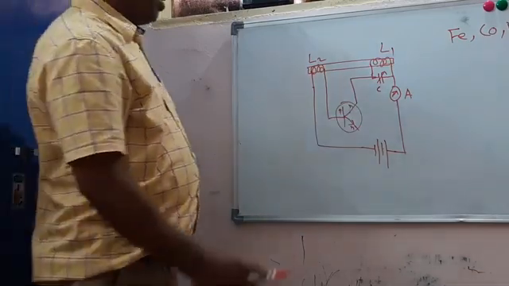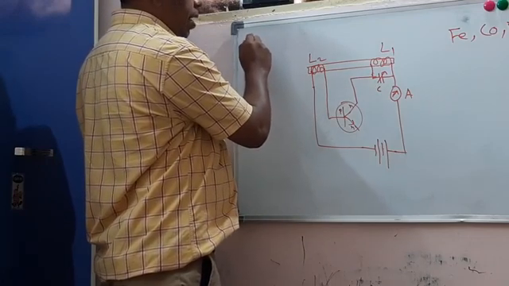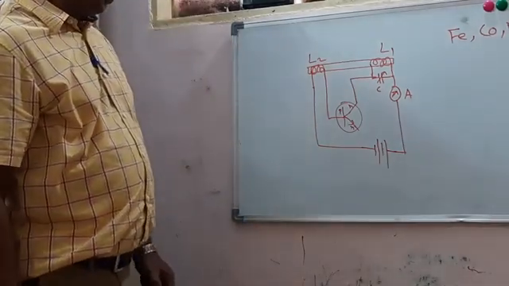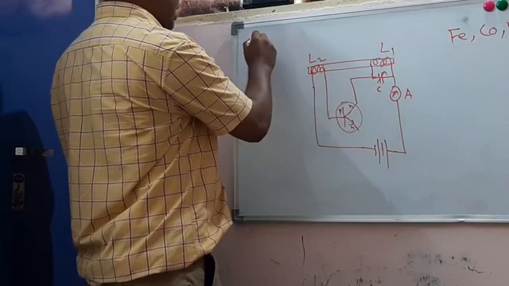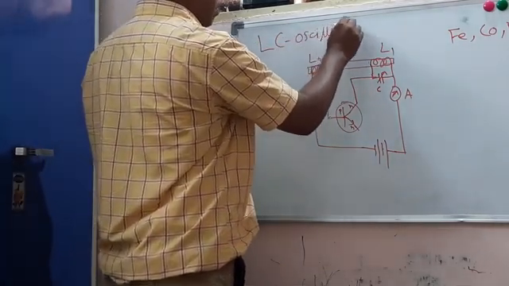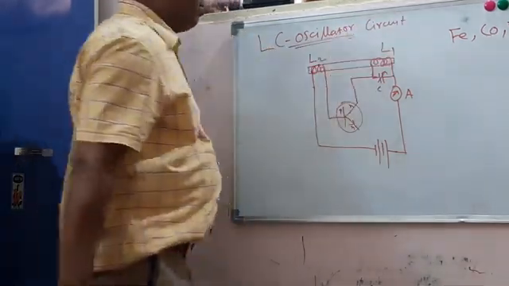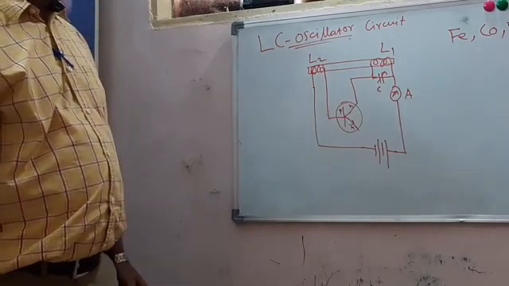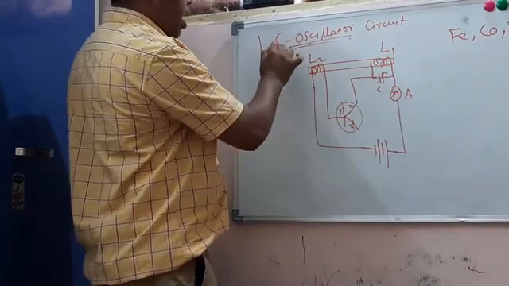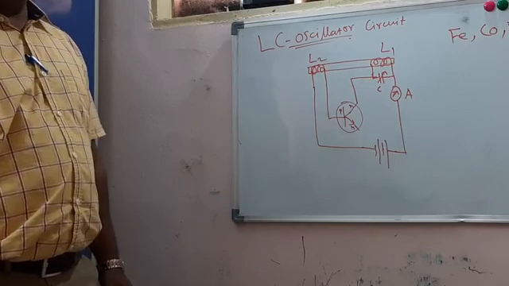So this is the magnetostriction circuit for the generation of ultrasonic waves. It is an LC oscillator circuit. The name of the circuit is LC. L stands for inductor, two inductors are there, and C for the variable capacitor. So it is an LC oscillator circuit.